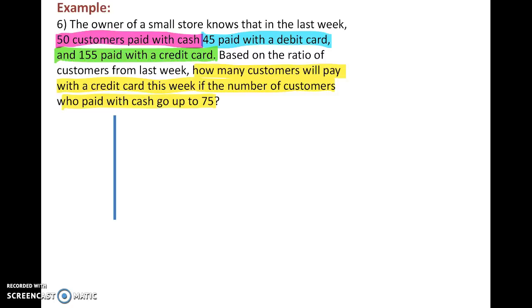Alright, so if you remember the steps from the other video and from class, the first thing to do is to write down the given information. So step 1, we have 50 customers paid with cash. We have 45 debit.